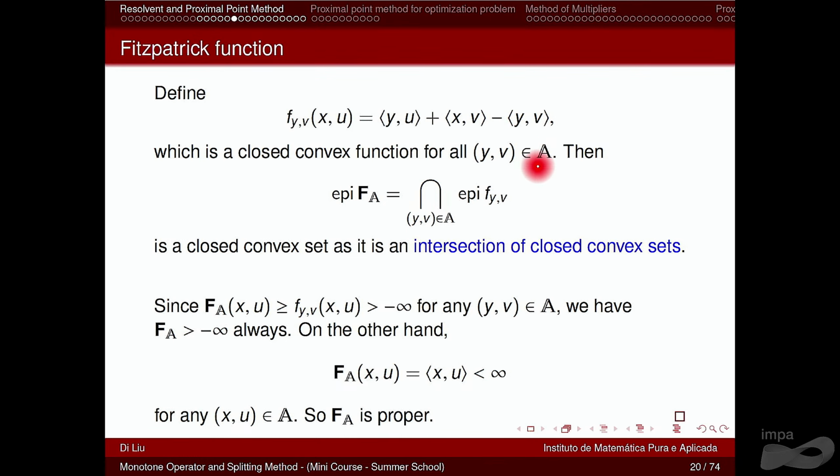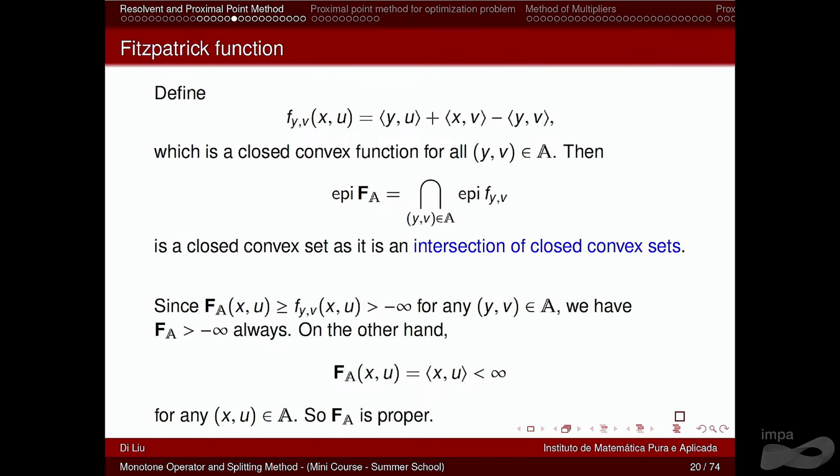Then we can say the epigraph of the capital Fa is just the intersection, for any yv in A, of the epigraph of function f yv, for each pair yv belongs to the set C. Okay, this is because this conclusion comes from the definition of the capital Fa as the sup of the sum of these inner products.